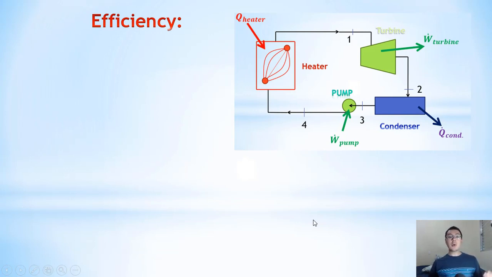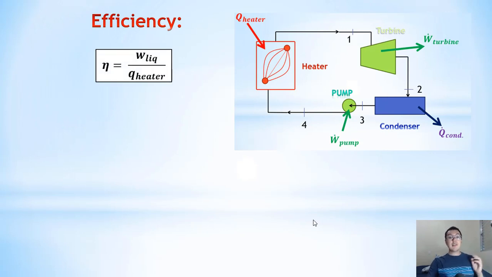And if you want to calculate the efficiency of this cycle, we use these relations. The efficiency, we use this Greek letter here. It's calculated with the net work of the system divided by the heat input at the heater. Okay, we will use a lot of heat to produce power at the turbine, but some of this heat we will use to move this flow with the pump.